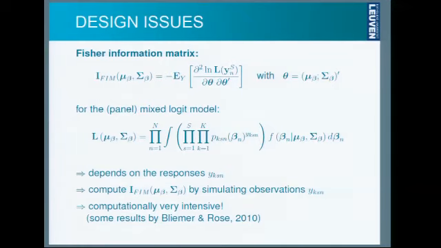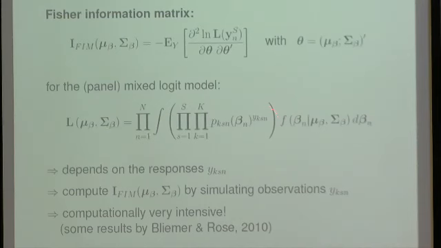If you compute this, you get a horrible expression, and the main problem is that the observations are not simplified. You cannot get rid of the y's here. So you get a multivariate integral here, and then an expectation over the y's, which cannot be simplified. So you have to use simulated responses in the criterion. So it's a very hard problem to get optimal designs for this model.